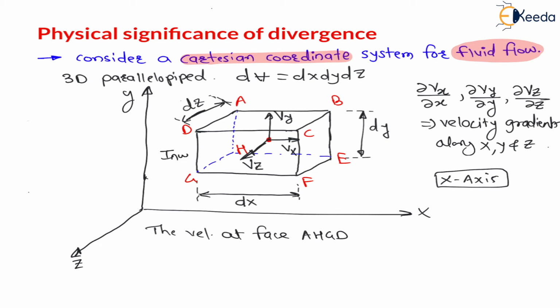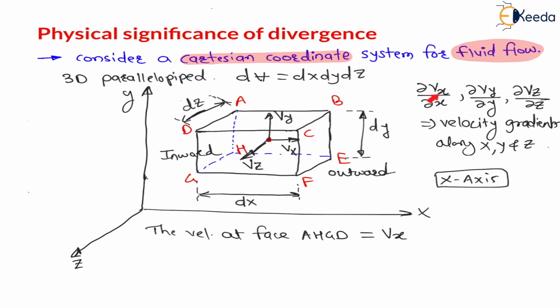We can say for x, this will be inlet or inward, and this BEFC will be the outlet, or we can say outward. Therefore, the velocity along x at the inlet, that is the velocity at face AHGD in the x direction, this is for the x direction only, will be equal to, see, here at the center point there is a vx, right?